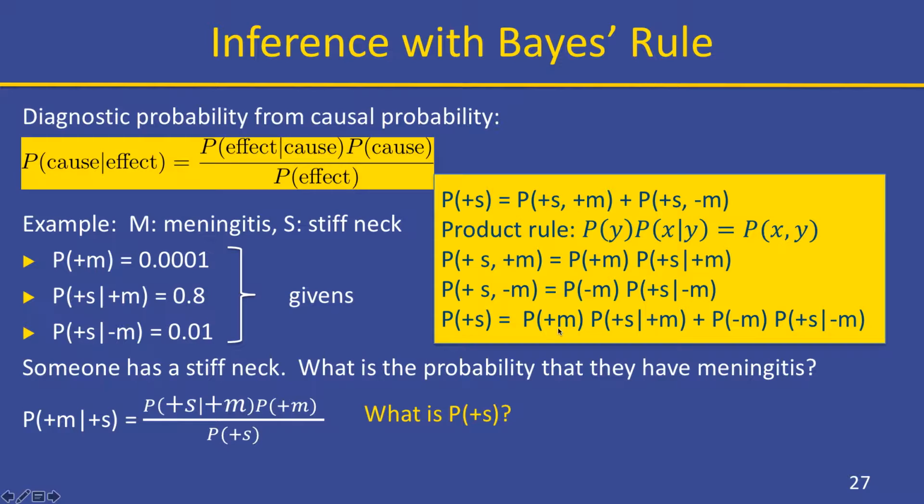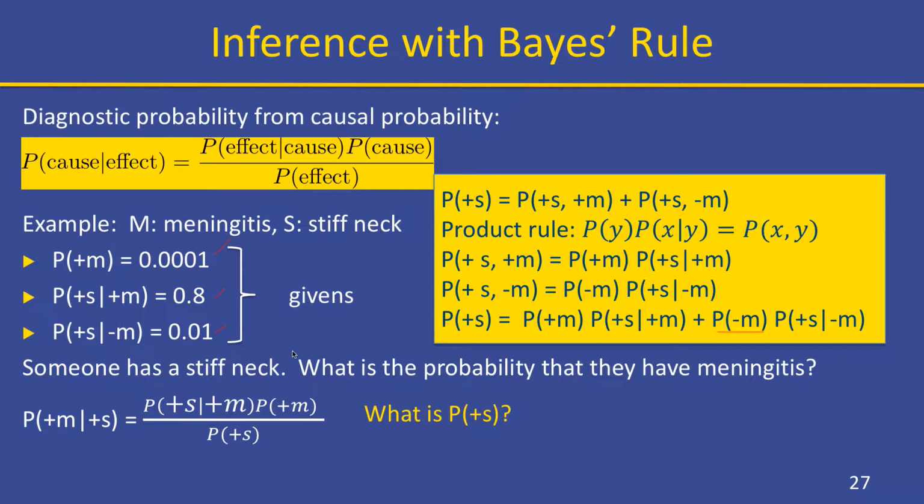So here again, P of plus m is given to us. P of plus s given plus m is given to us. P of plus s given minus m is given to us. But what is P of minus m? It's not given to us.